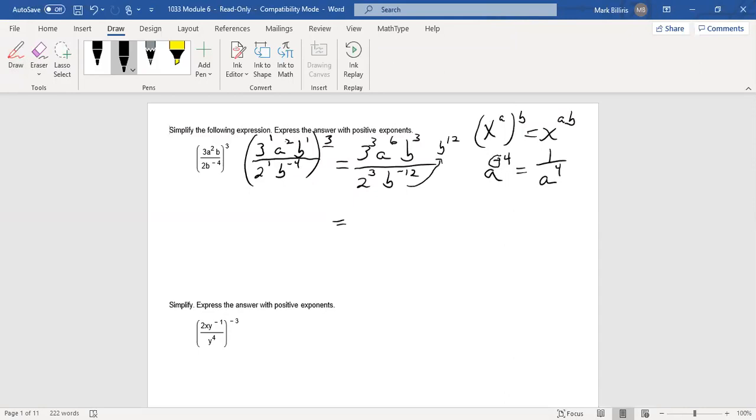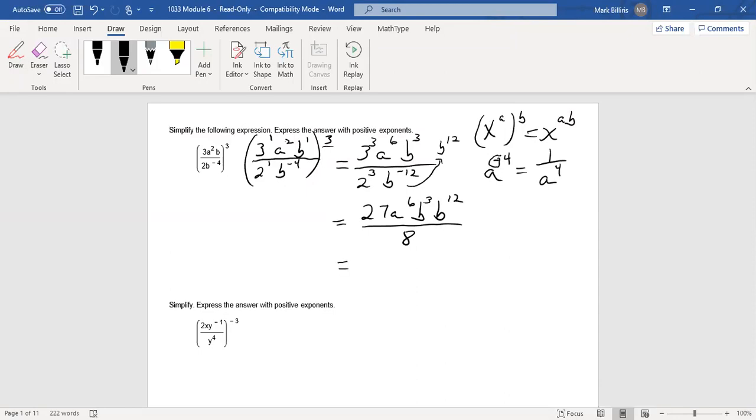So what we'd have here is 3 to the third, which is 27, a to the sixth, b to the third. Now we have b to the 12th joining the b to the third, because remember, b had a negative exponent in the denominator, so it moves up to the numerator. And we have 2 to the third, which is 8, in our denominator.